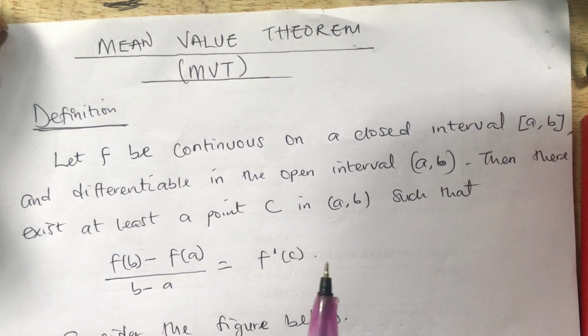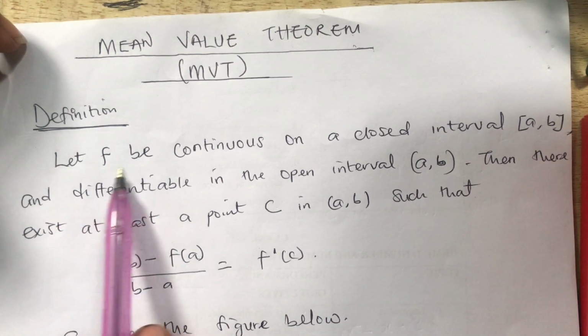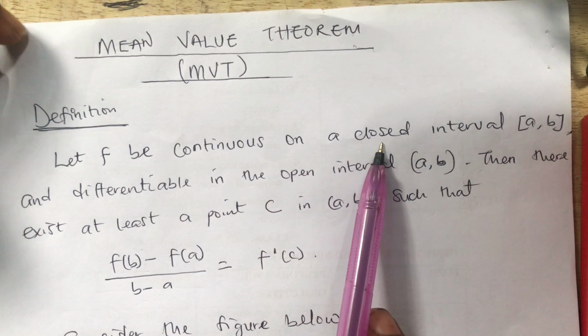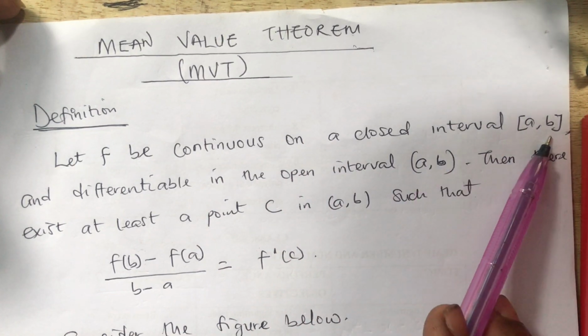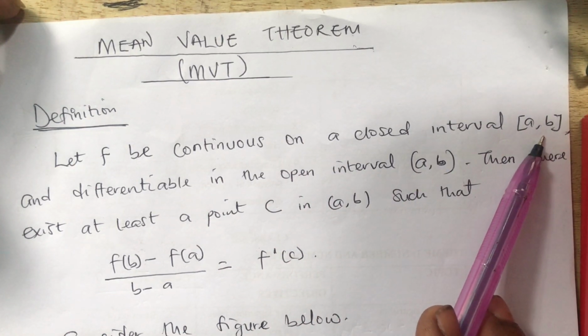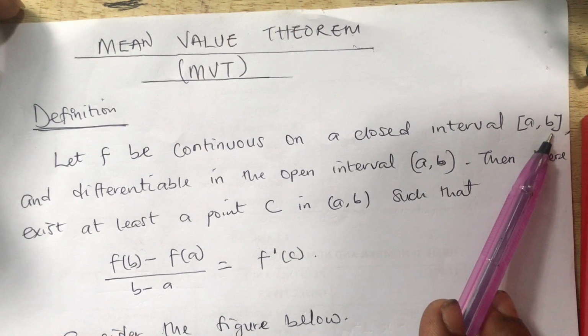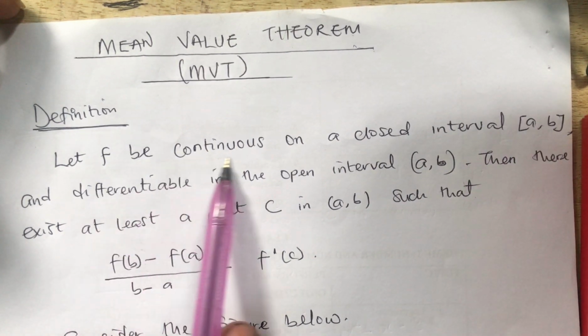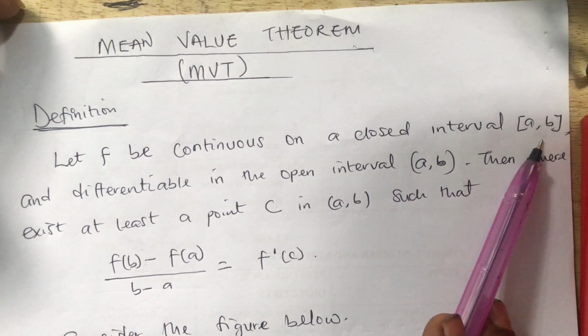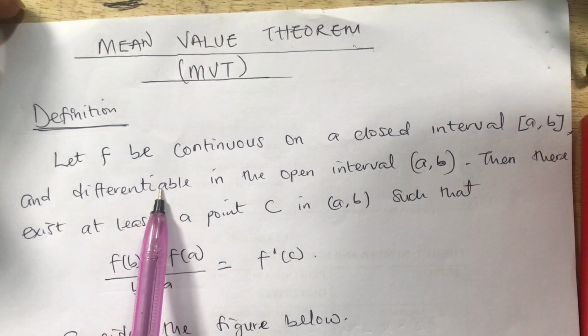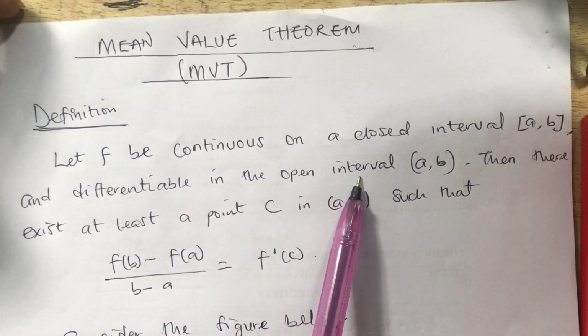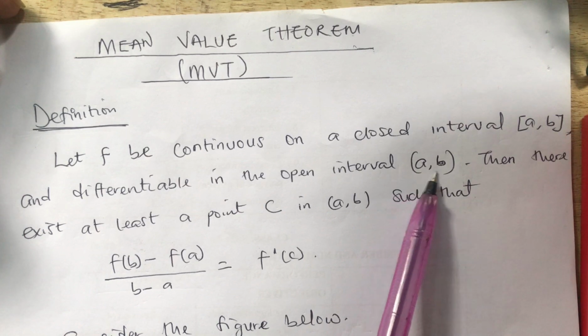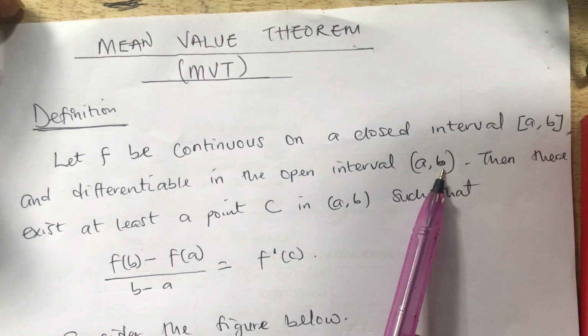So let's look at the definition of the mean value theorem. Now, let f be continuous on a closed interval [a, b]. Don't forget, this is a closed interval, including a and b. Let f be continuous on a closed interval [a, b] and differentiable in the open interval (a, b). This kind of interval is not including a and b.